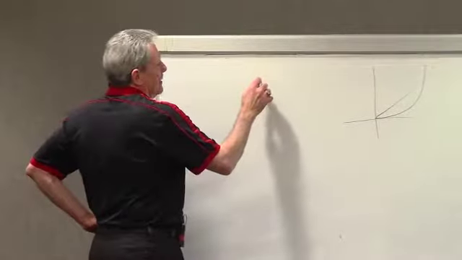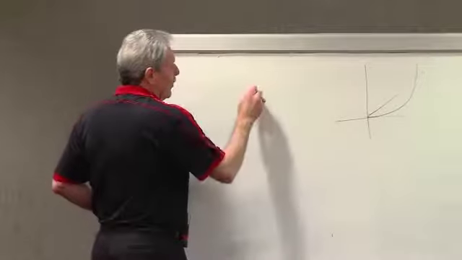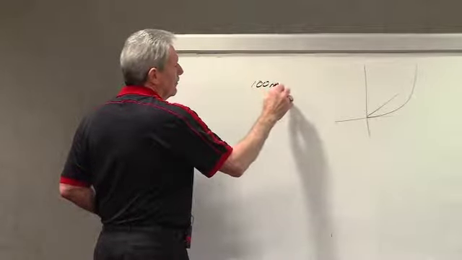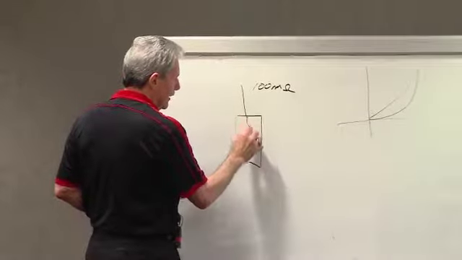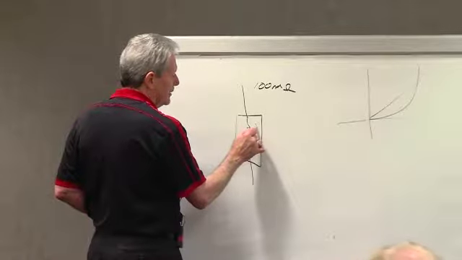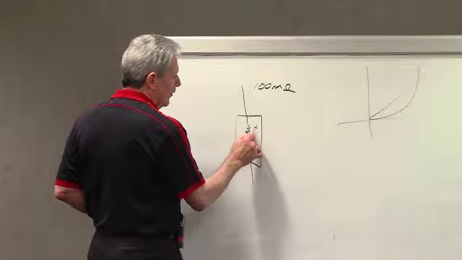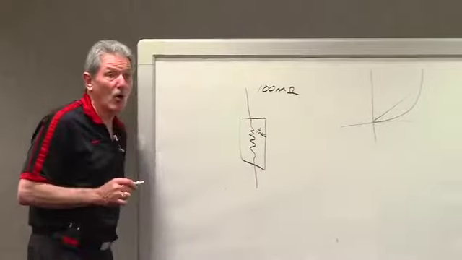If we get to, let's make the math real easy, a 100 milliohm device, 100 milliohm is 1/10 of an ohm.